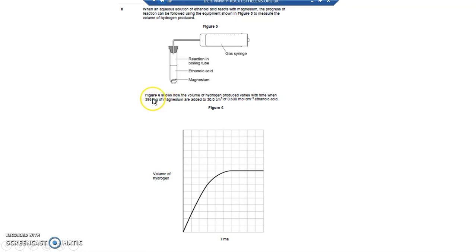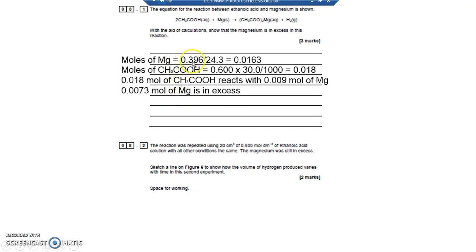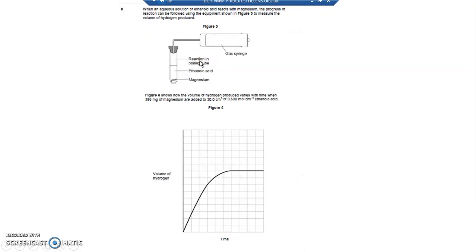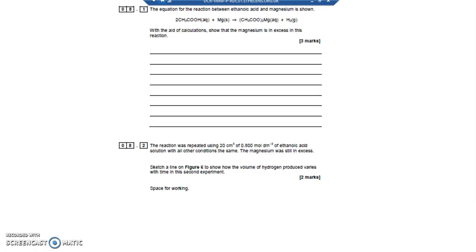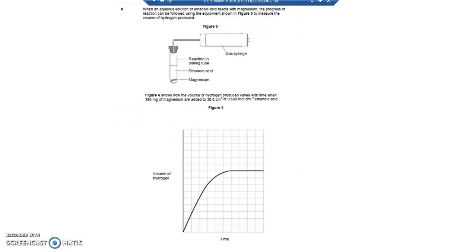Moles is mass in grams, 0.395, divided by the Mr. That should be 0.395 divided by 24.3, which is the accurate Mr of magnesium from the periodic table, which equals 0.163.